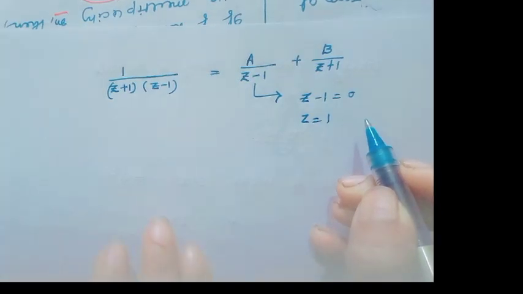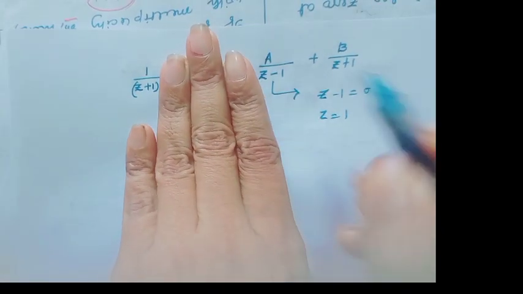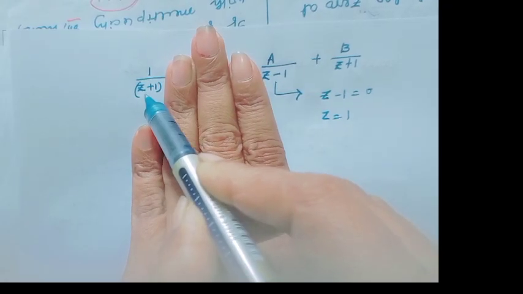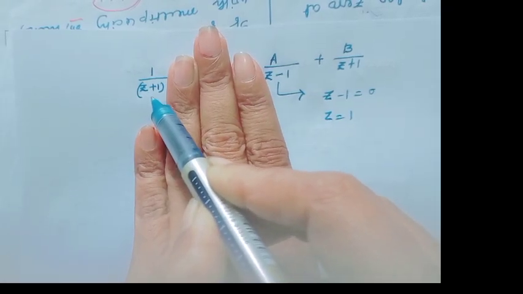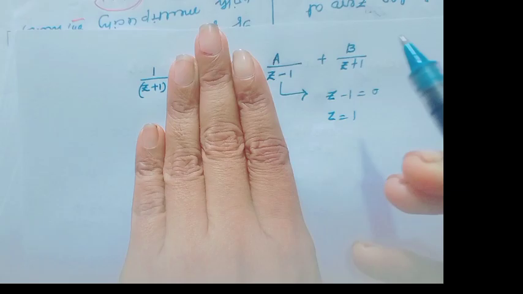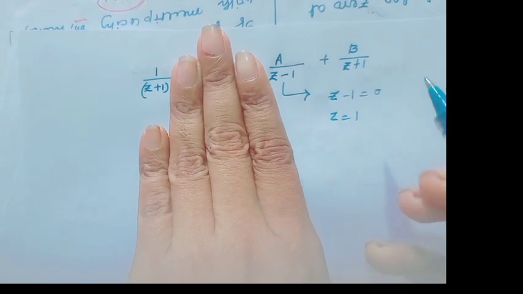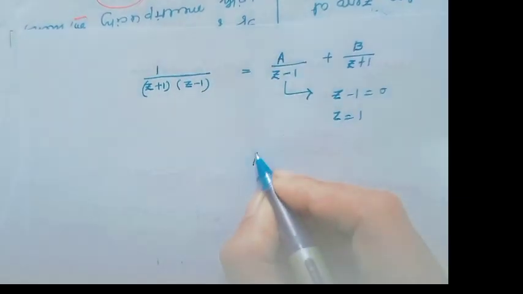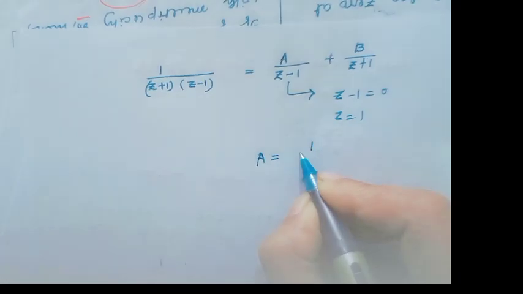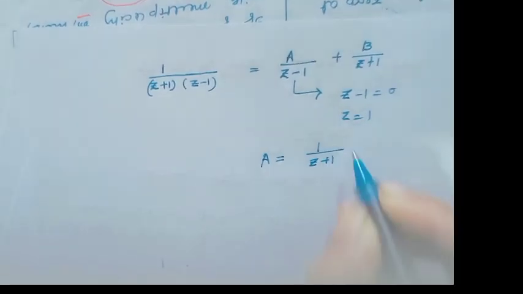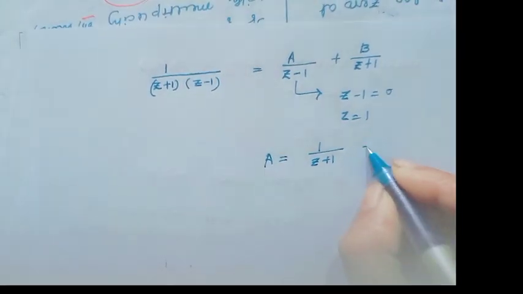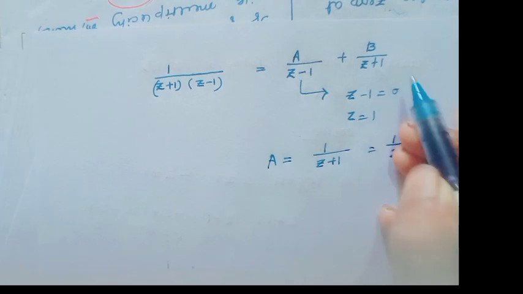And if you put z equal to 1 here, this value would be a equal to 1 over z plus 1, and this value is equal to 1 over 2.